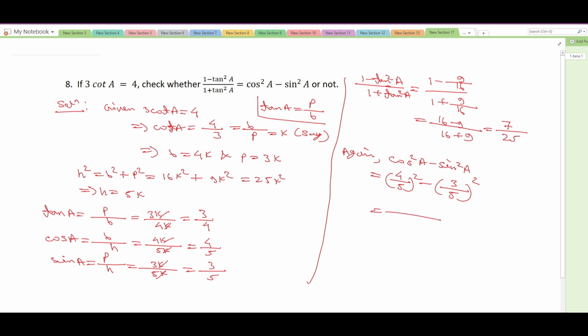This is equal to (16 minus 9) over 25, which is 7 by 25. Therefore (1 minus tan square A) over (1 plus tan square A) equals cos square A minus sin square A.